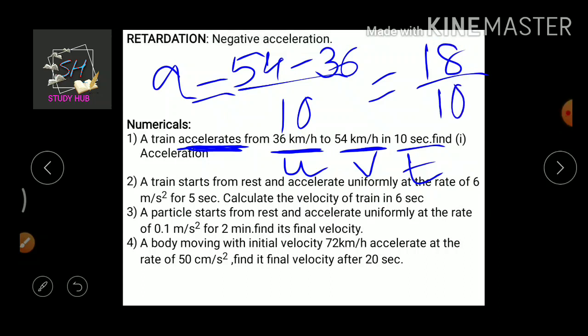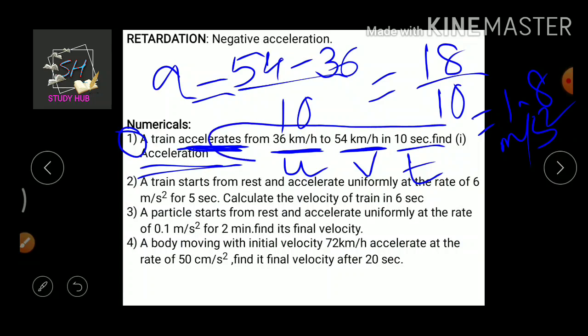And then by 10 we can make it a decimal, that is 1.8 meter per second square. So this is the solution of this numerical. Acceleration is 1.8 meter per second square in this case. By using this formula you can solve this type of sums where acceleration needs to be found.